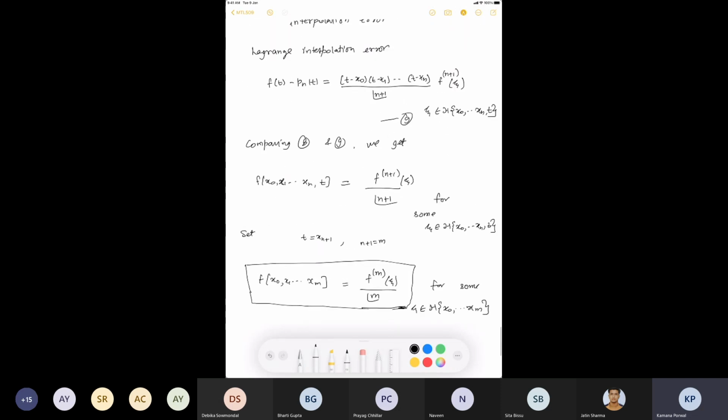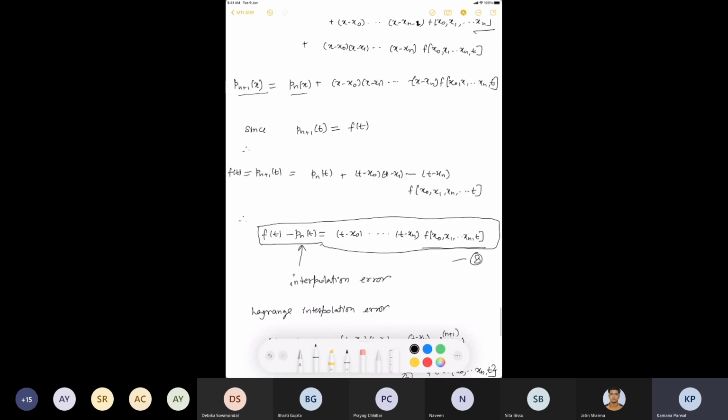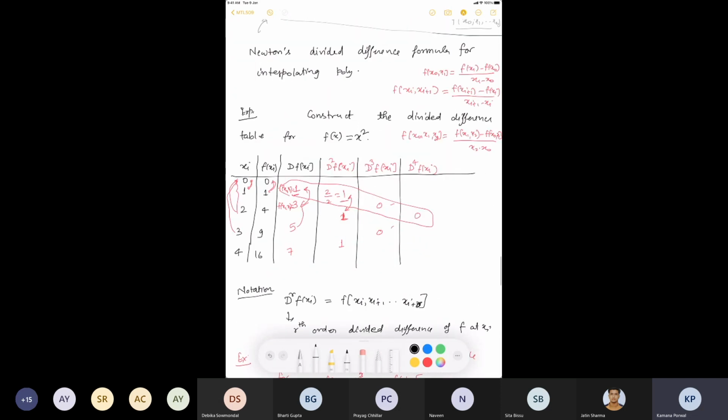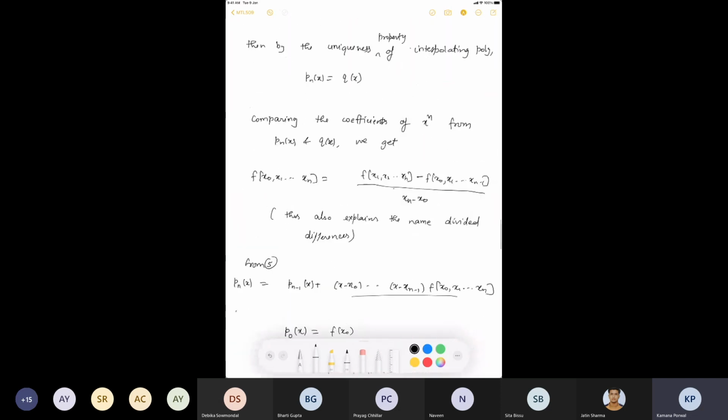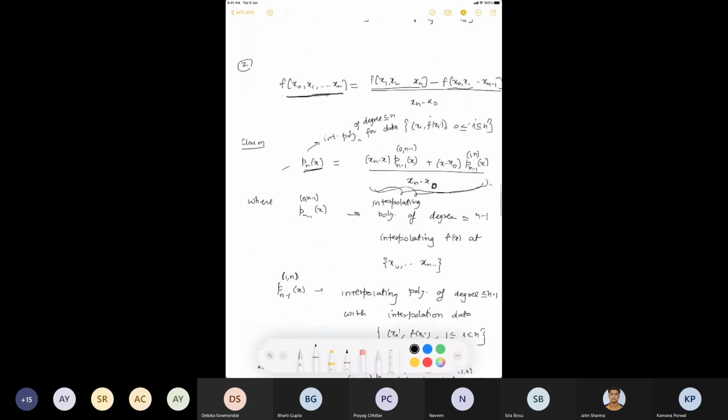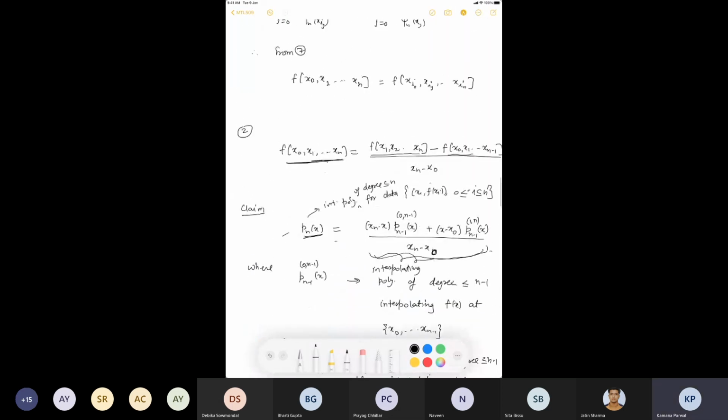All right, so now let's look back again at the formula which we got for the divided differences. This is the main formula which we have been using to compute the divided differences.